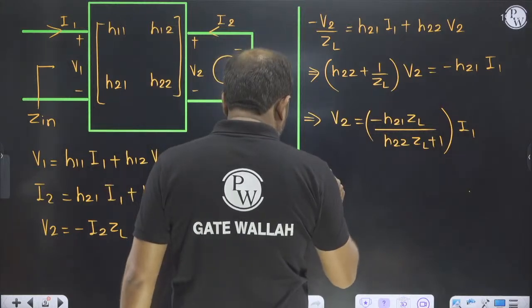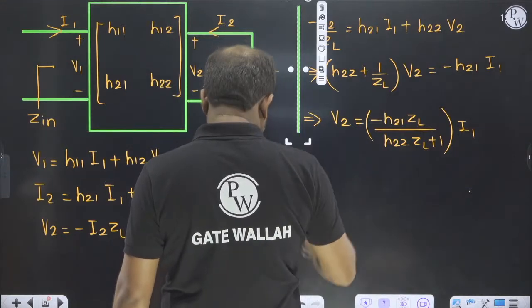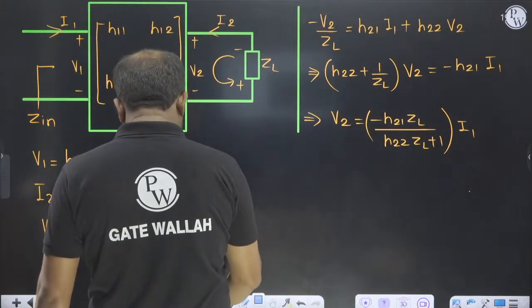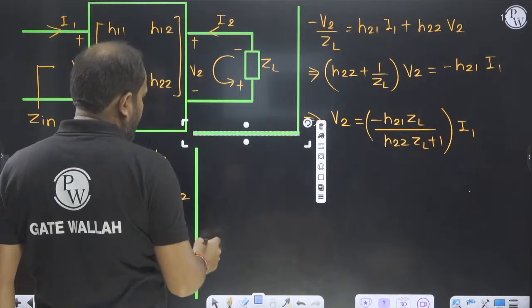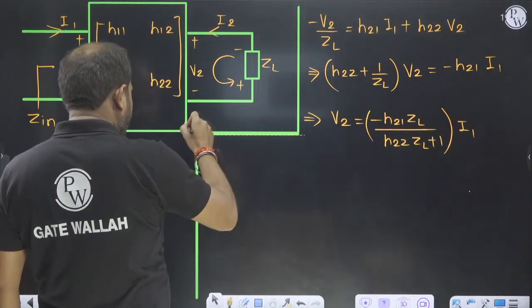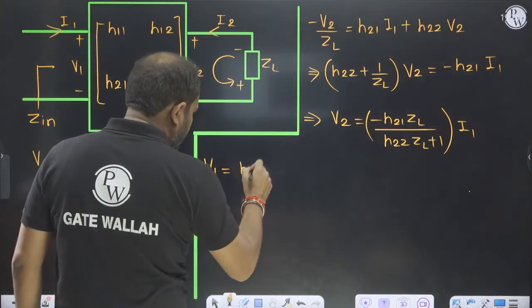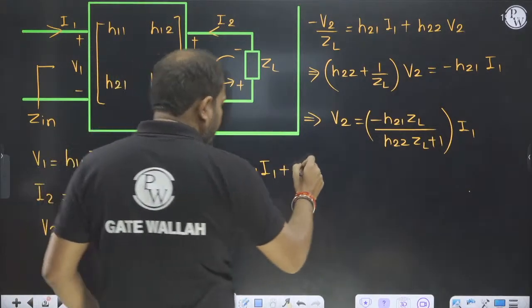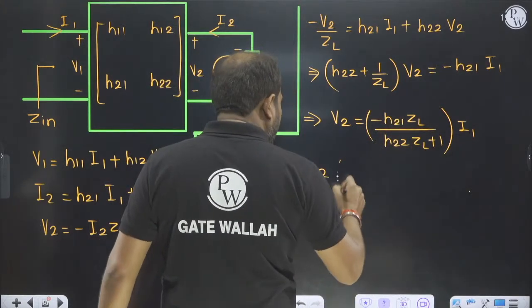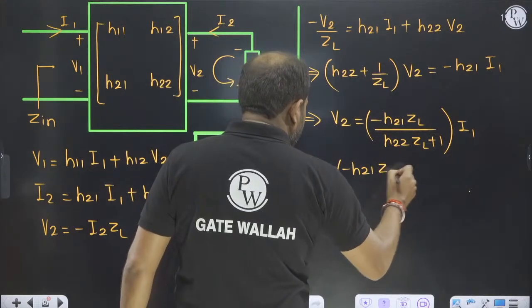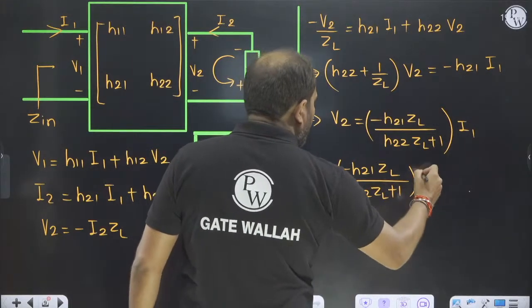So V1 is equal to H11 I1 plus H12, and in place of V2 I will write this one, H21 ZL divided by H22 ZL plus 1 into I1.